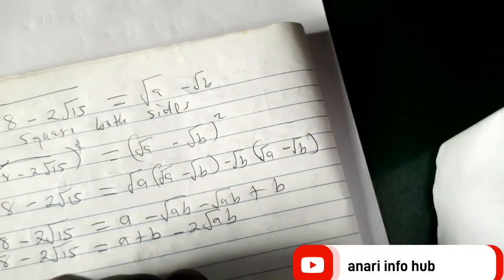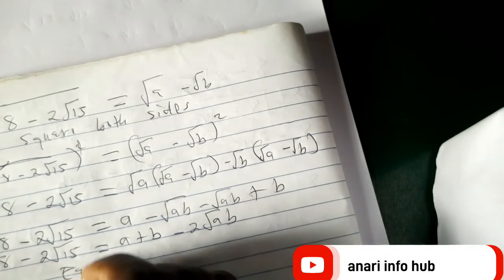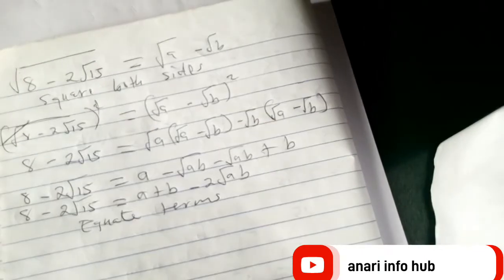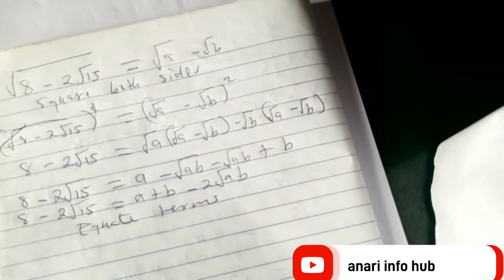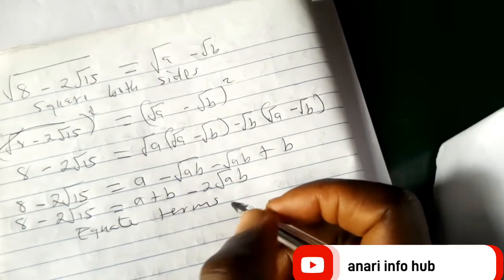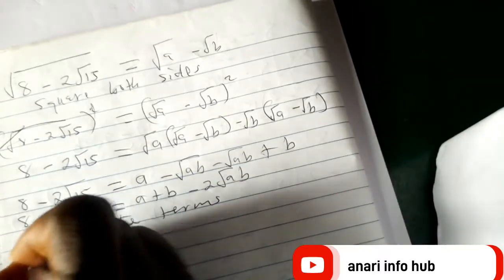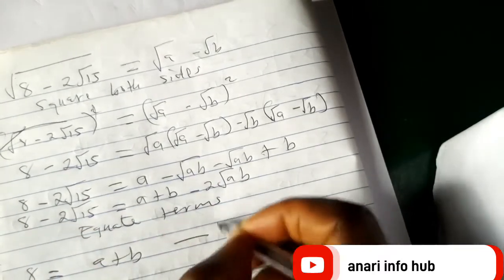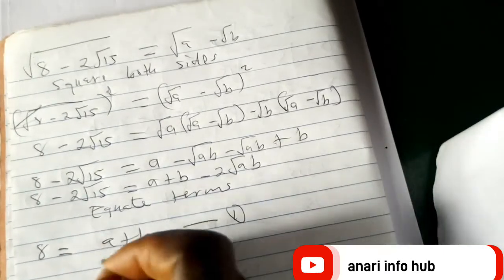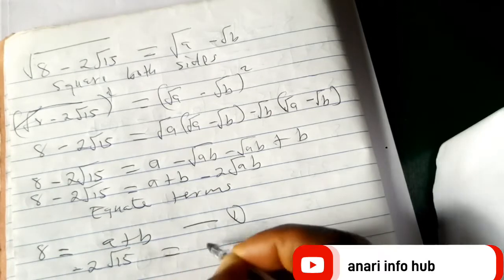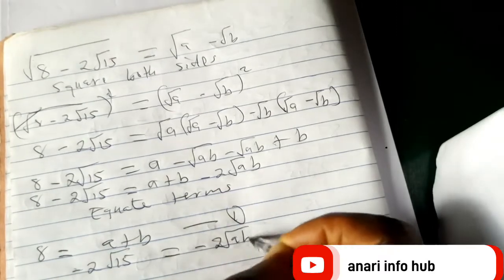If we equate terms, we have 8 equal to a plus b, equation 1. The next is we have minus 2 root 15 equal to minus 2 root ab.